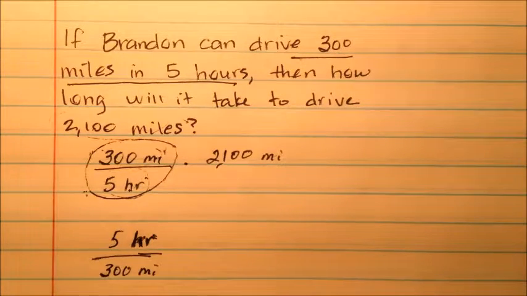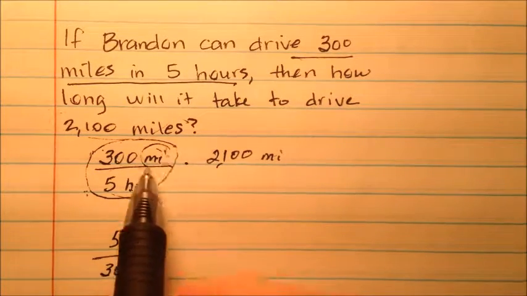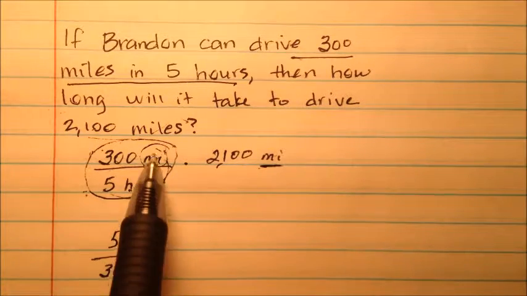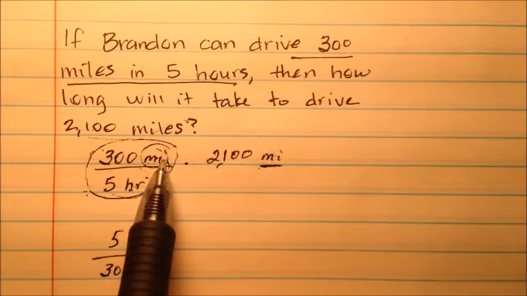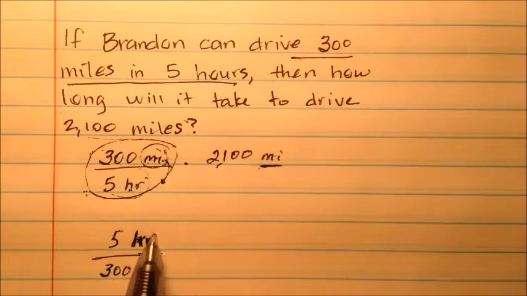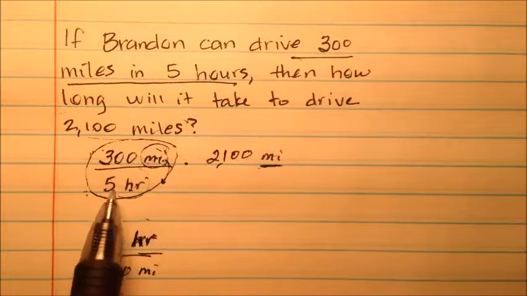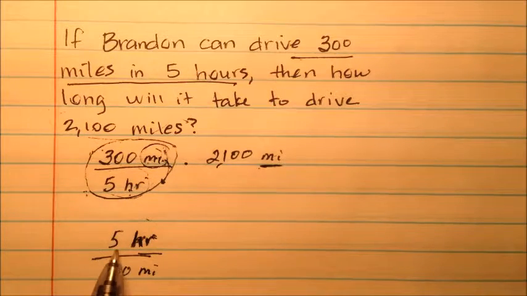And the reason I did this is because I need my miles on bottom so it can cancel with these miles that are on top. But as long as these miles are on top, that can't happen. So I drop them down to the bottom. So I take the reciprocal of this rate. So instead of 300 miles per 5 hours, I say in 5 hours he can drive 300 miles.